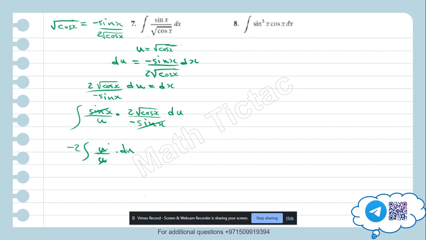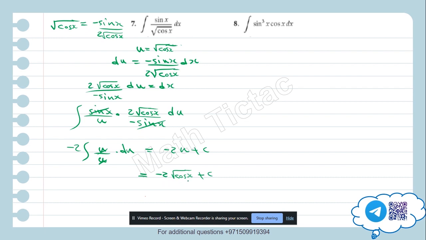Now u with u is 1, so this is equal to minus 2 multiplied by the integration of 1, which is u plus c. Now put this again: minus 2 multiplied by square root of cosine x instead of u plus c.